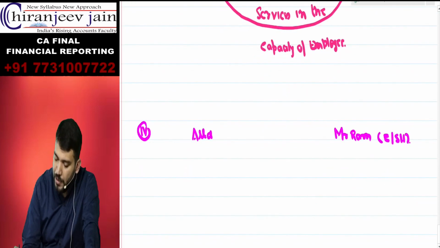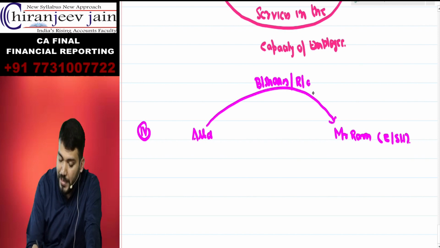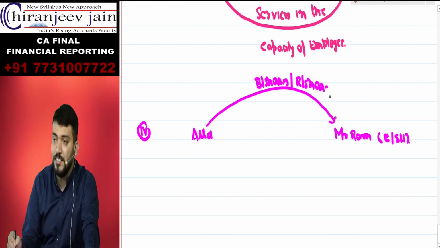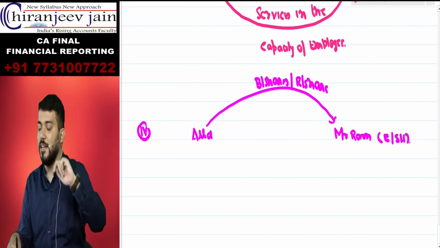And A Limited announced bonus shares or right shares. Are you getting what I am saying? So this employee is also entitled to bonus shares? Because he is a shareholder of the company.